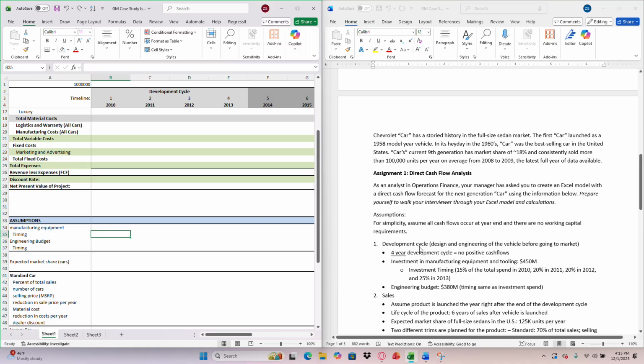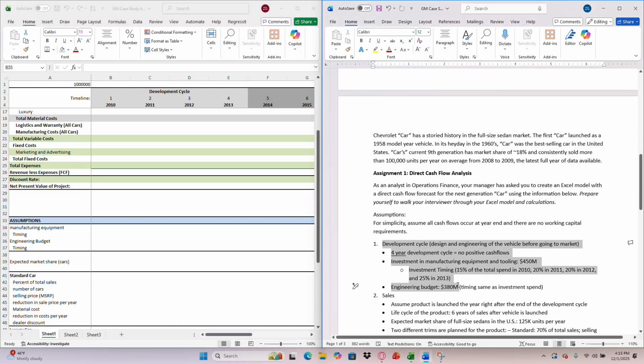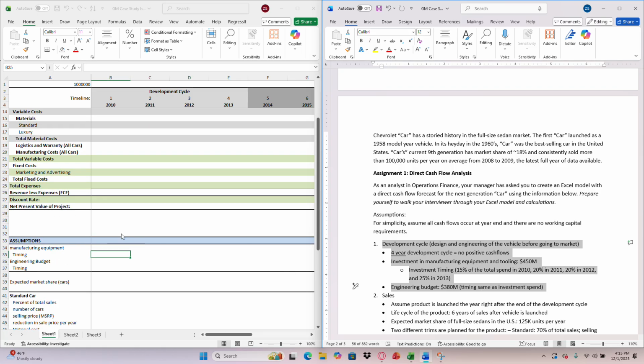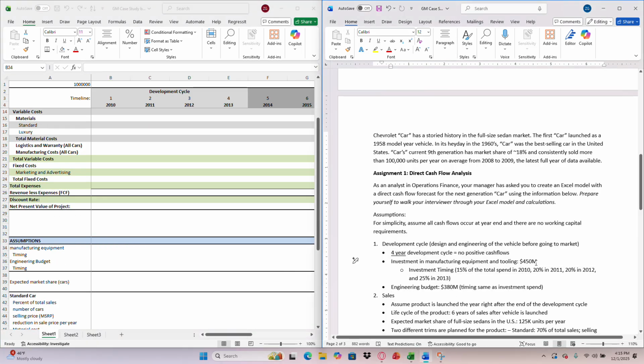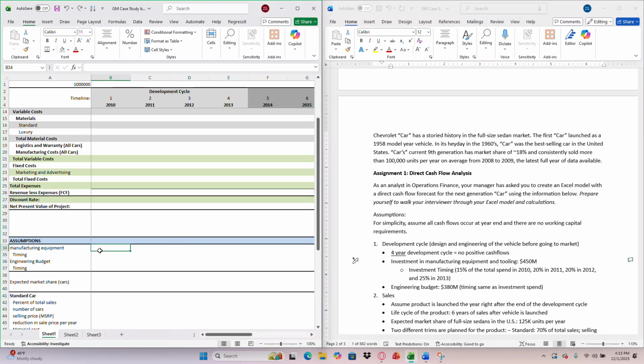So our first assumption about our cash flow analysis is that we are going to be making some investments, right? We have to spend, it looks like, about $450 million on equipment and $380 million on engineering. So that's going to go right here.